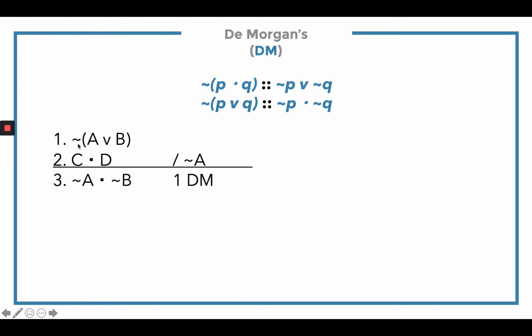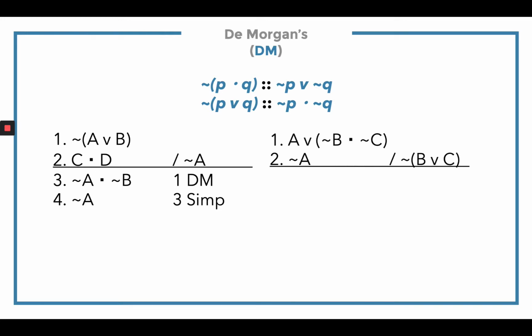Again, if you think it's not the case that A or B, that's saying neither one of those things is true. So we know not A and not B must be true. And then if we're trying to get not A, we have not A and not B, we can just do simplification and conclude that not A is true.